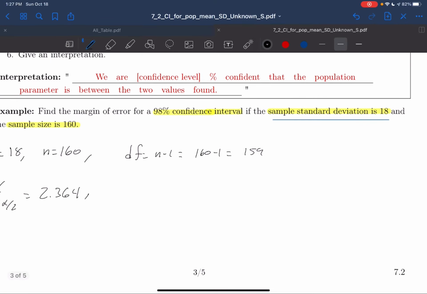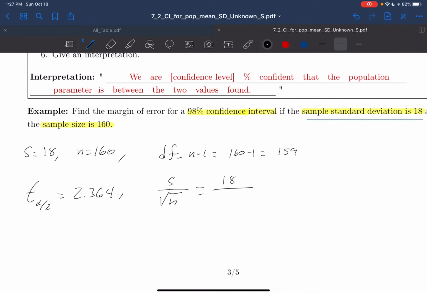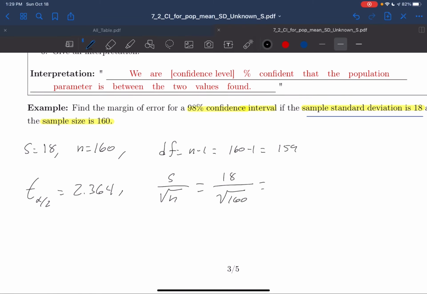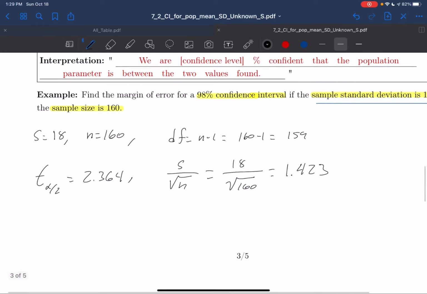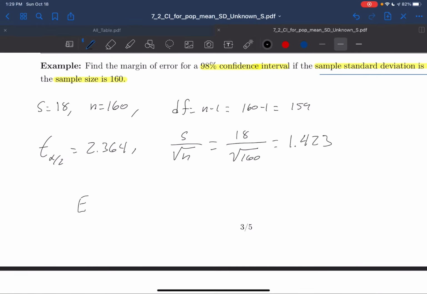We also have to compute our standard error, which is S over square root of n. In this case, it is 18 over square root of 160, equal to 1.423. So that means our margin of error, this is the critical value times your standard error.